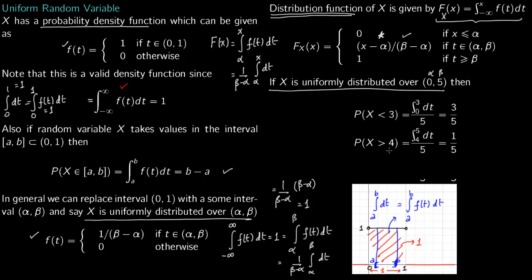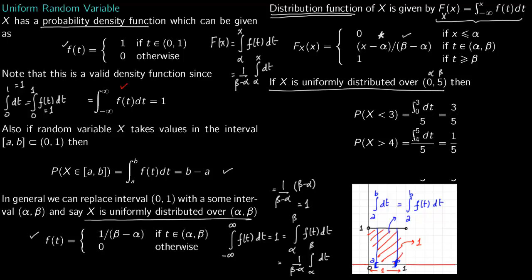X is greater than 4. So x is greater than 4 means that now we are talking about the interval from 4 to 5. So x is greater than 4, and after 5 it is 0.